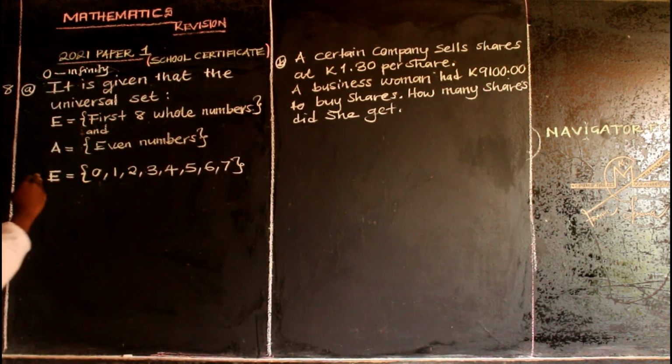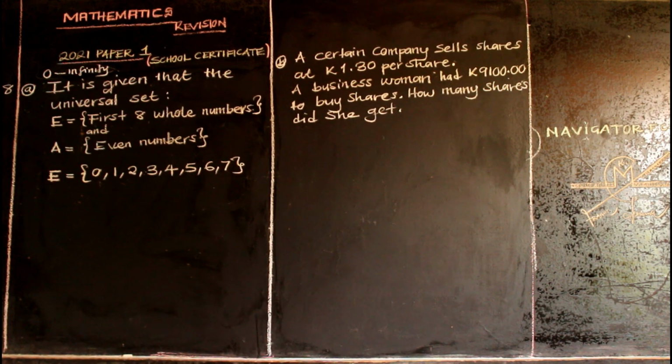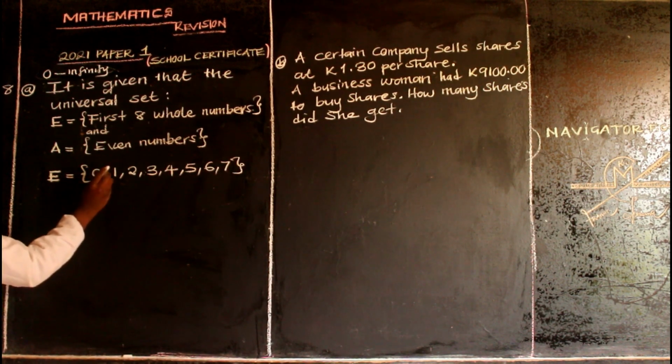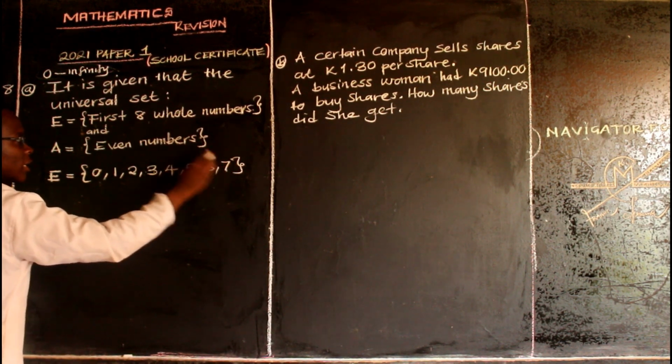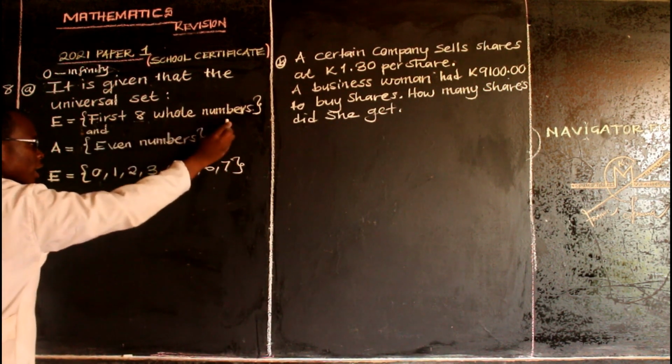How many are they? 1, 2, 3, 4, 5, 6, 7, 8. The first 8 whole numbers.